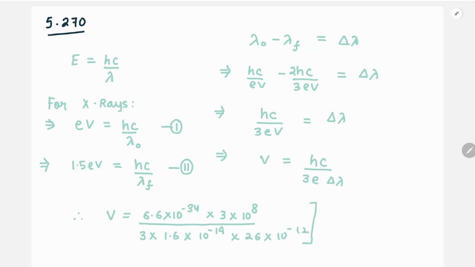So we have all the values in SI unit, and on solving we obtain this as 15.8 into 10 to the power 3 volt, which we write approximately as 16 kilovolt. So this is the answer for this problem, 16 kilovolt.